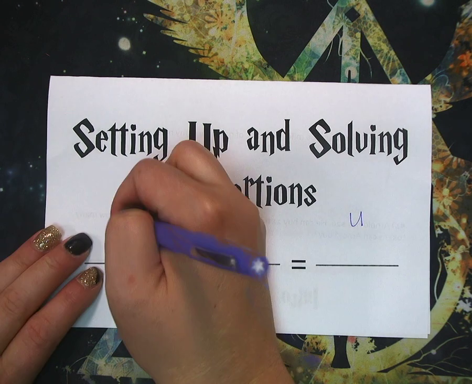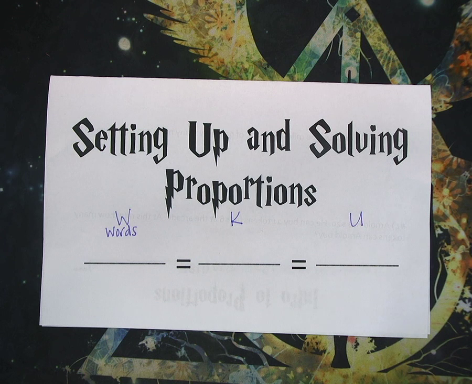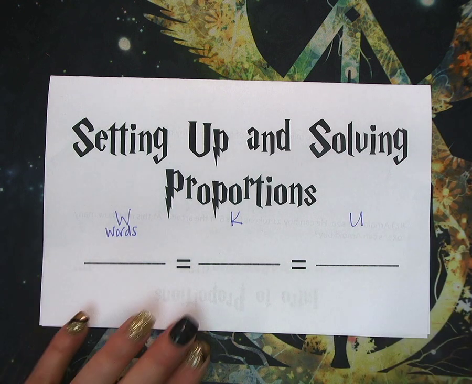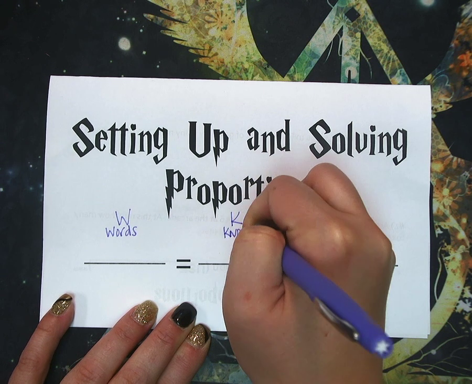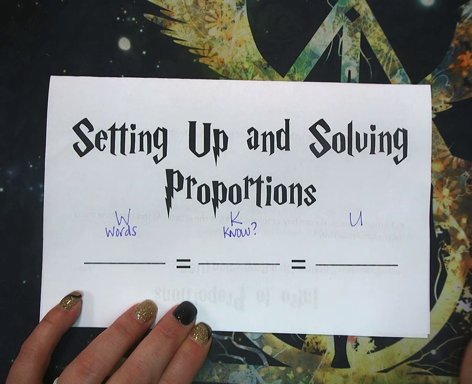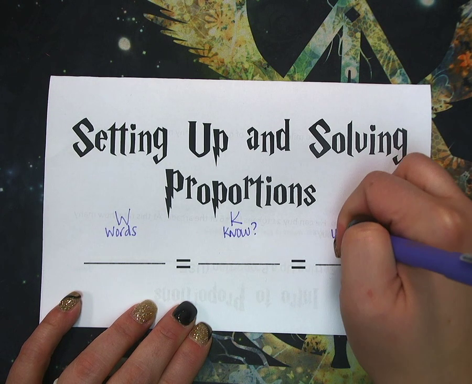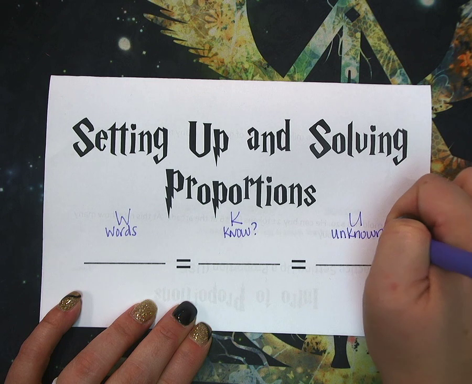W stands for words. The words are probably the most important part because they're going to tell us where to put stuff. Because remember, the hardest part of a proportion is actually deciding where things go. K stands for what do we know? And then U is the unknown, meaning the question mark statement.